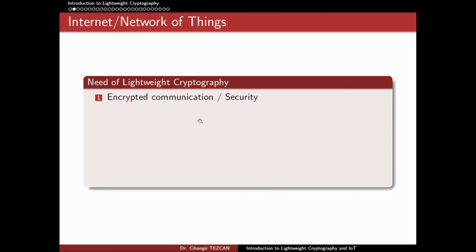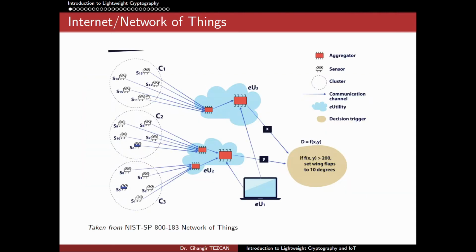But you might ask why the word lightweight and not just cryptography? Because these sensors most of the time don't have good computational power, but actually this depends on the setting. For instance, if you are using devices like Raspberry Pi here, they are no different than a desktop computer, so you can do almost anything with those devices.